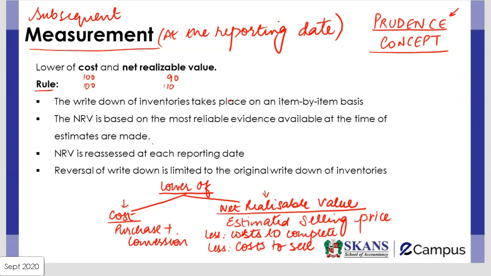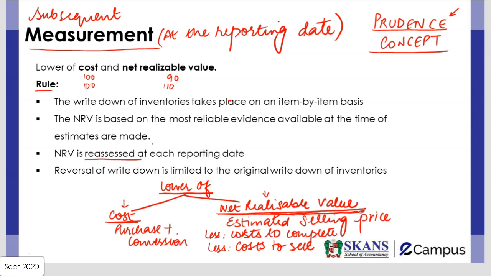Our inventory figure consists of items which have been held for sale. So inevitably, our intention is to sell these in the short term. But if due to any reason the inventory is still unsold at the subsequent reporting date, then a reassessment of inventory is made at each reporting date. And on every reporting date, this comparison of cost and NRV is made again. Please keep this in mind when we say NRV is reassessed.